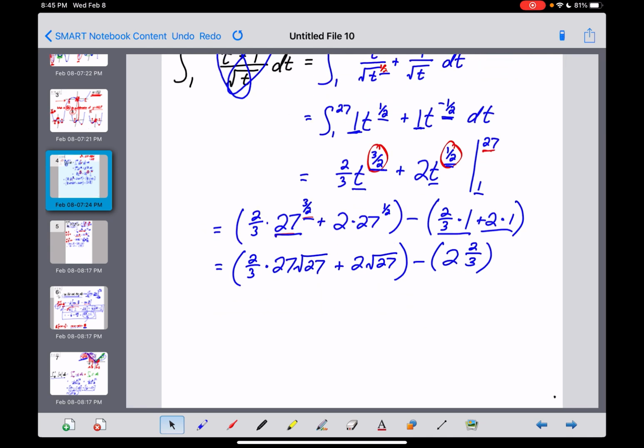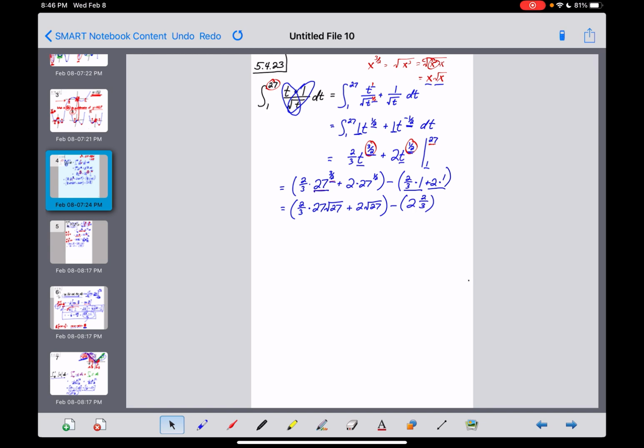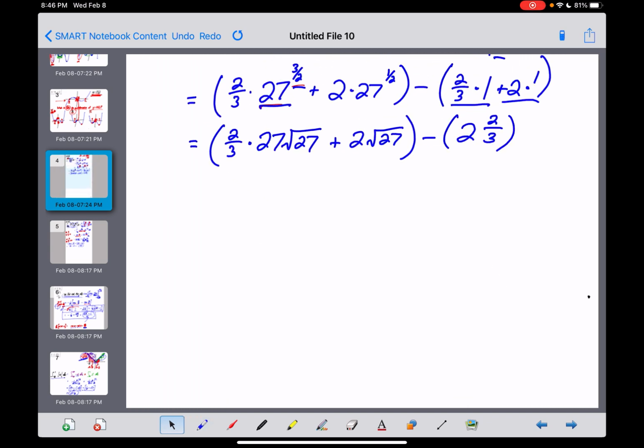All right, let me scroll this down a little bit. Okay, and let's see what we can do. Ugly, but tolerable. 2/3 times 27, that we can do. 27 divided by 3 is 9, times 2 is 18. And the 27 right there, guys, that can be simplified.